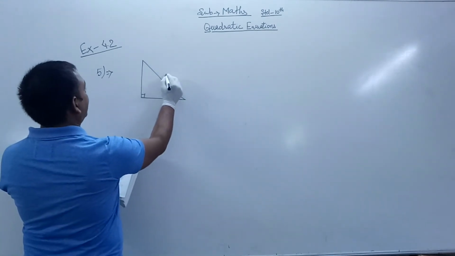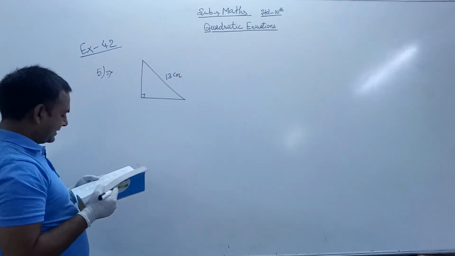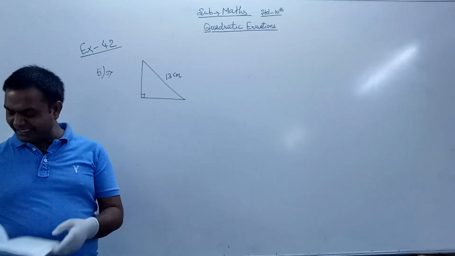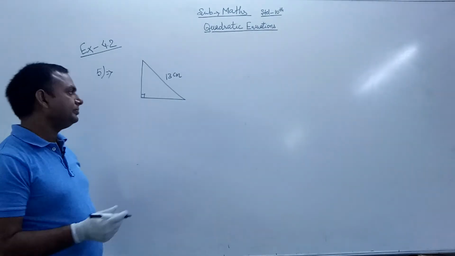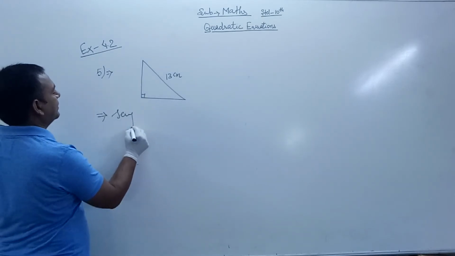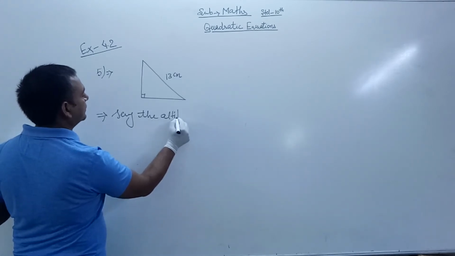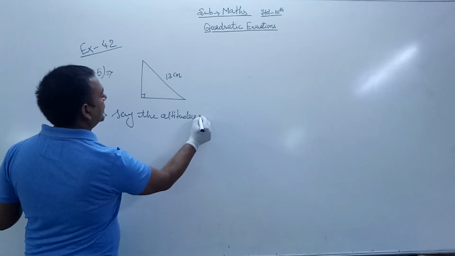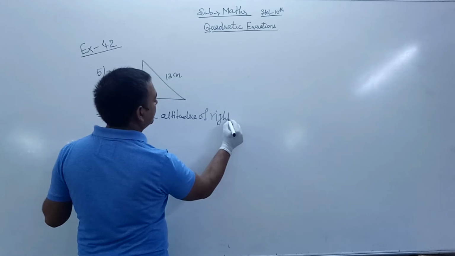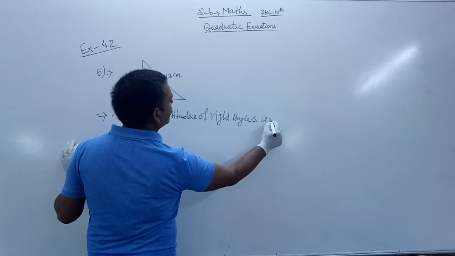Here the hypotenuse is 13 centimeter, it is given. The altitude of the right angle triangle is 7 centimeter less than its base. I say the altitude of the right angle triangle is x.